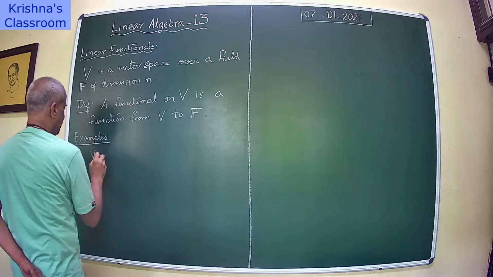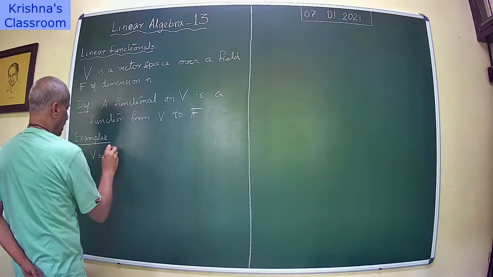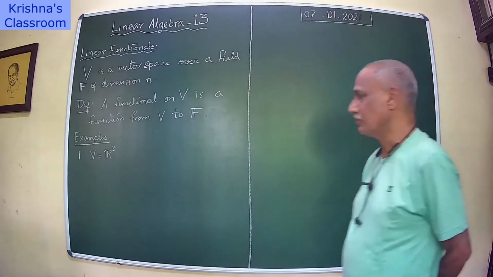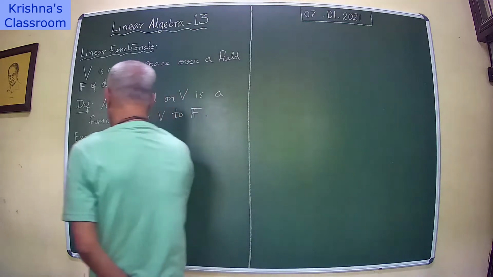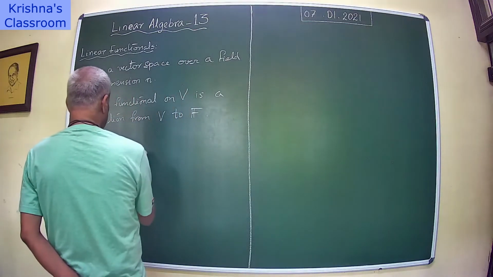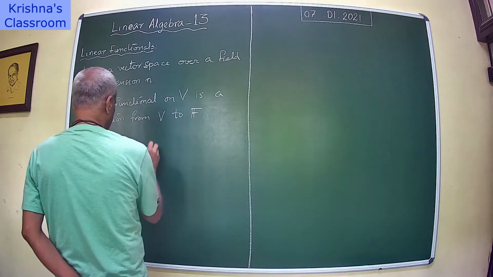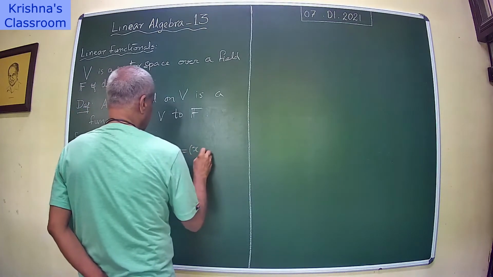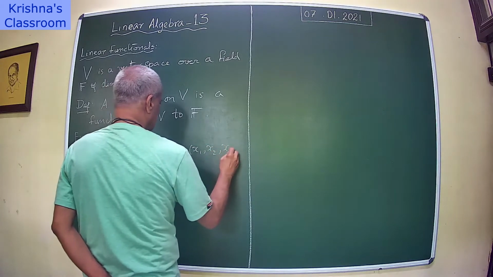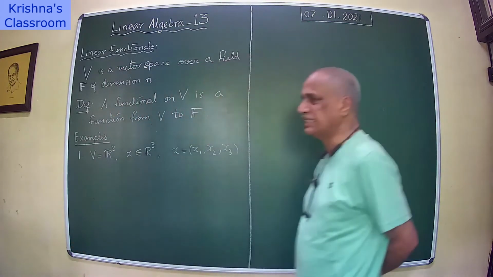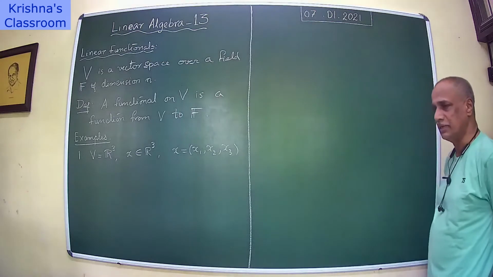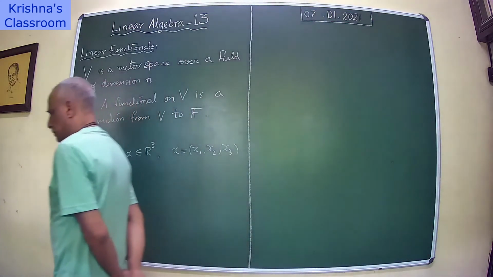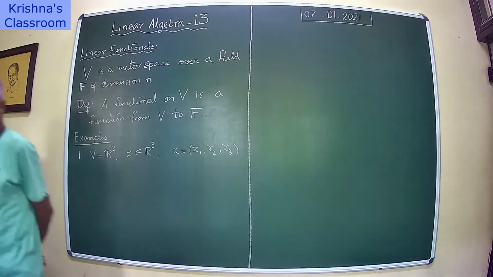We take V to be R3, our favorite model. Now let x belong to R3. Then x is equal to (x1, x2, x3) with respect to the standard basis e1, e2, e3, or even with respect to any basis. It doesn't matter.